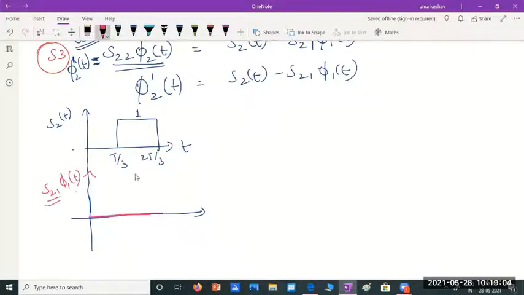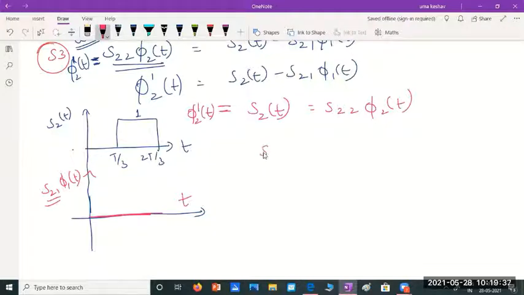Because the S21 value is 0. So even without seeing the graph, you can say phi2 dash of t will be equal to S2 of t itself. Since the second term is 0, phi2 dash of t is S2 of t. Therefore, this is nothing but S22 into phi2.